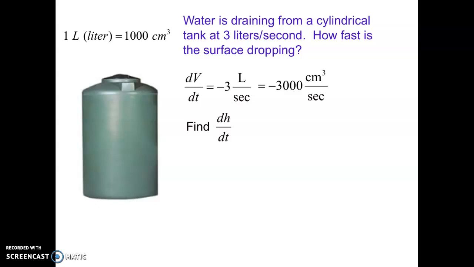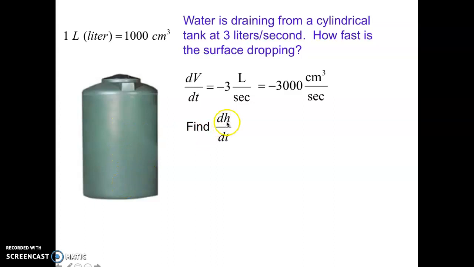I want to find how fast, or in other words, the rate of change in the surface of the water. And remember, the surface of the water, if we think of this as a tank, this is a circle here, the surface of the water. We want to know the height of the water, which is how fast the surface of the water is dropping down the tank.